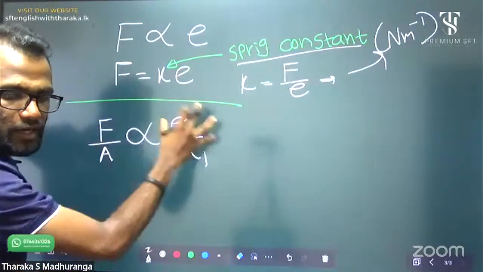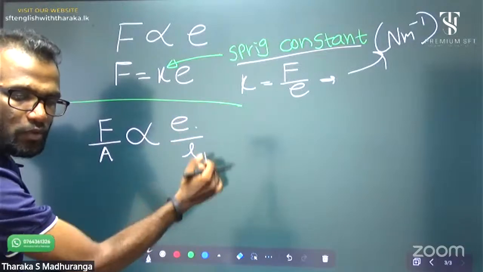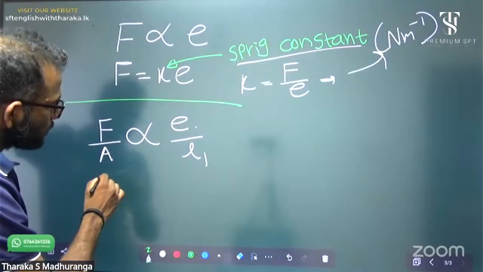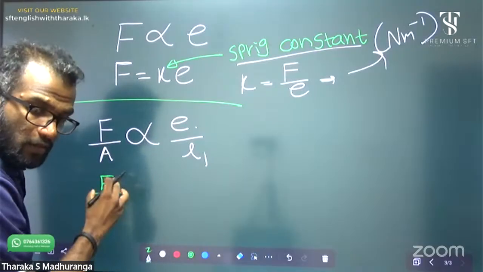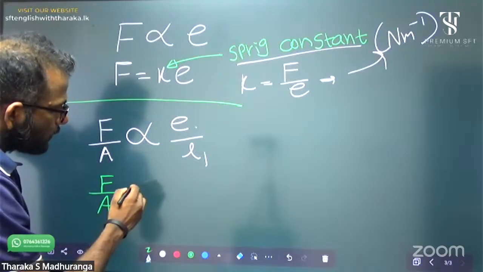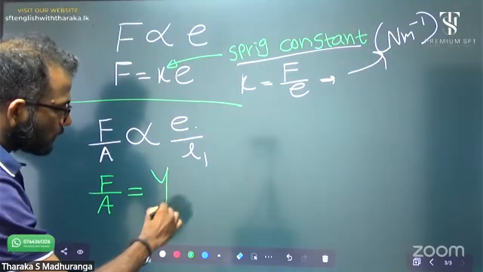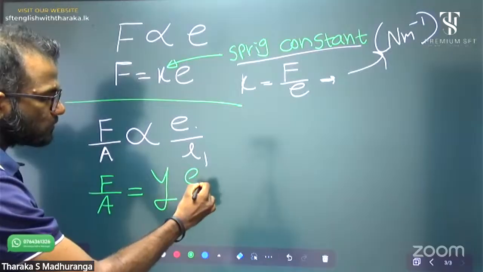That is extension over initial length. Then F over A, stress, equals... to remove this proportional mark, we can add a constant. It is Young's modulus.